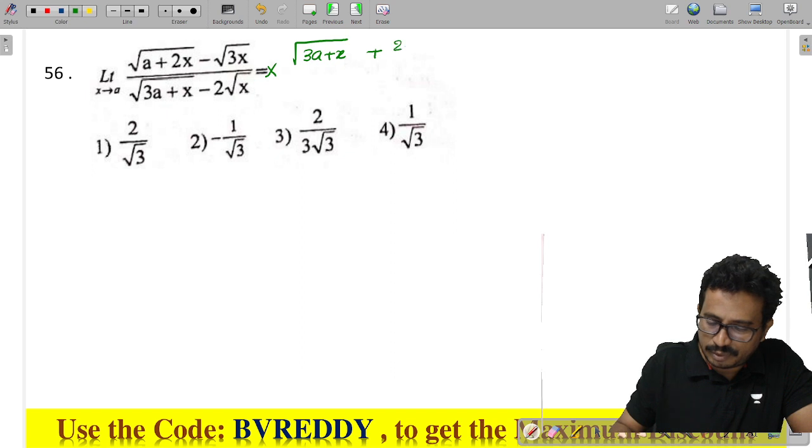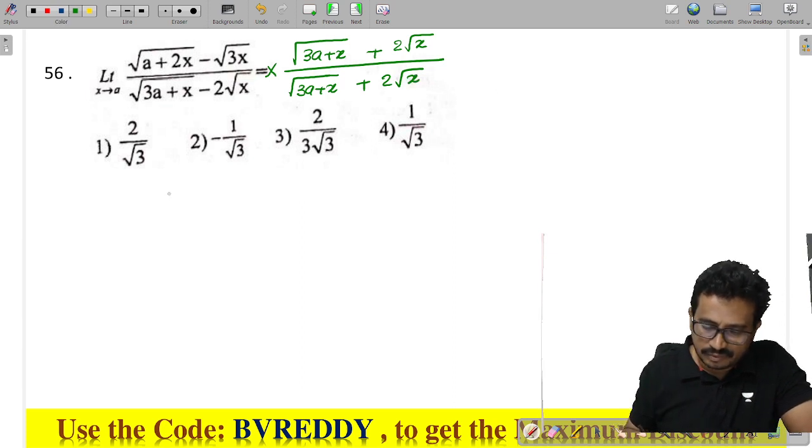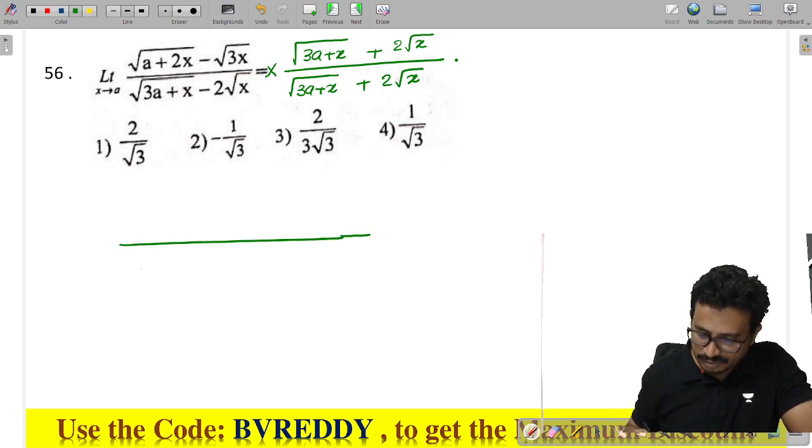plus 2 into root x by, that is, so this is 3a plus x plus 2 root x. Fine. And then the denominator, what happens, you tell me now here? 3a plus x minus 4x. Isn't it?